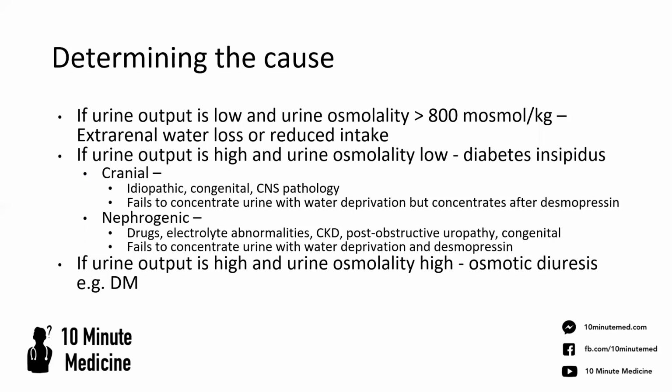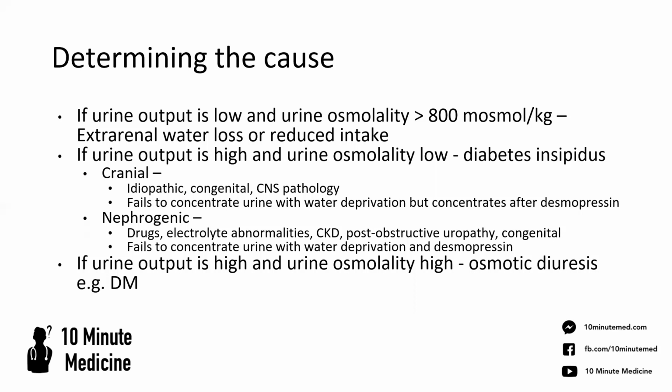In the patient with nephrogenic diabetes insipidus, these can be caused by drugs, as alluded to earlier, electrolyte abnormalities, as previously mentioned, chronic kidney disease, post-obstructive uropathy, and congenital causes.